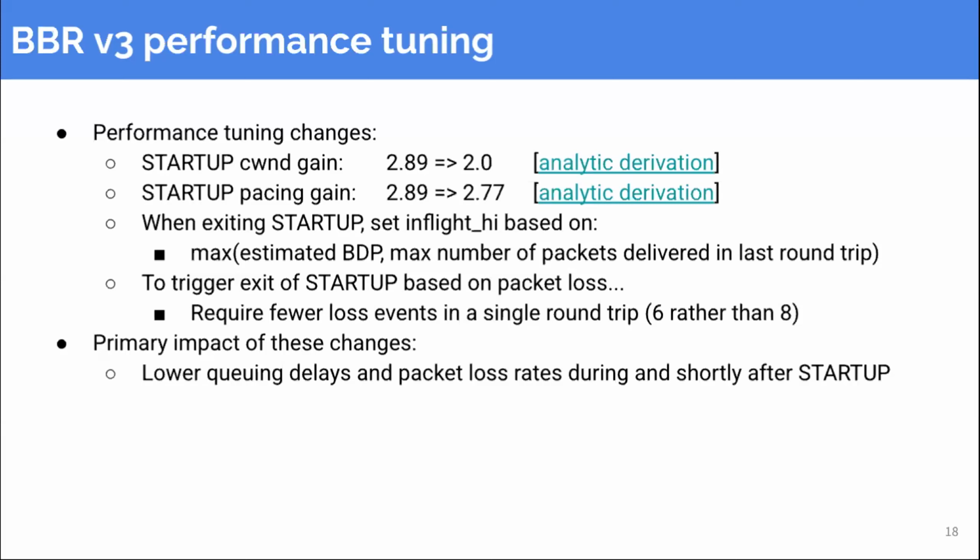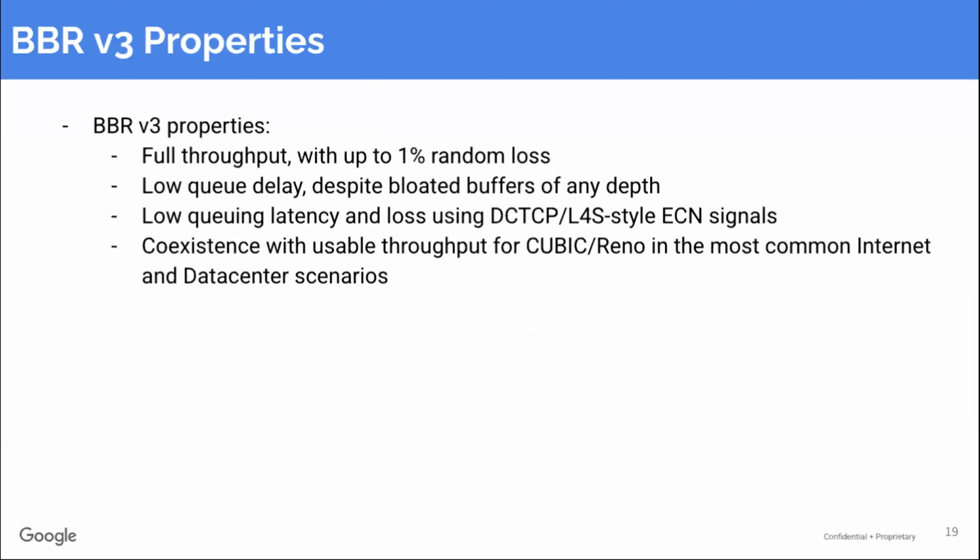And experimentally, we found that all of these changes worked quite well on YouTube, and so the experience on YouTube backed up our analytic derivations and gave us some nice results. All right, so that's BBR version 3.